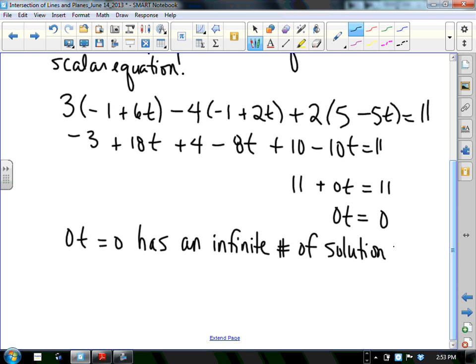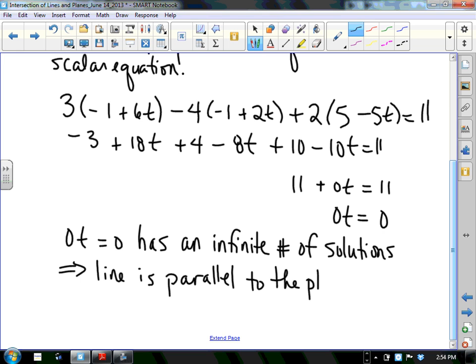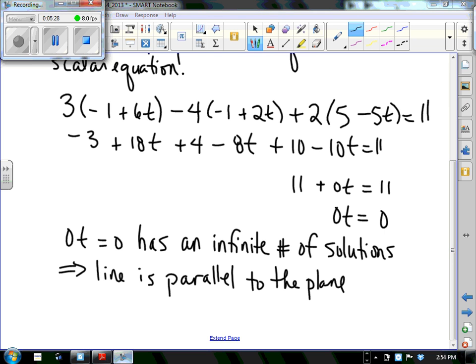What this implies is that the line is parallel to the plane, and moreover, not only is it parallel to the plane, but it is also coincident with the plane.